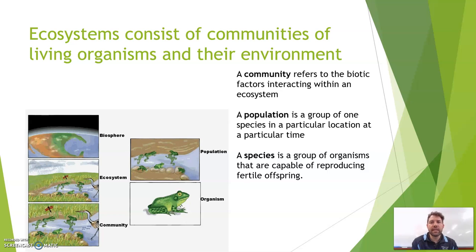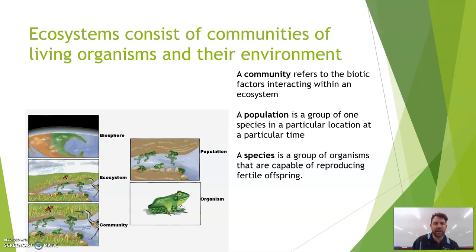So a community then is just the biotic factors within that ecosystem that are interacting together. A community could be the frogs, the lizards, the bacteria, the trees, plants, all interacting together within one ecosystem. A population will then refer to a group of one species in that particular location at that particular time.